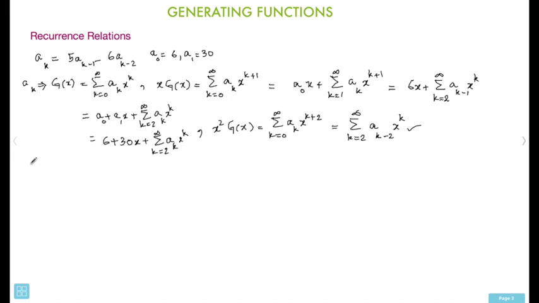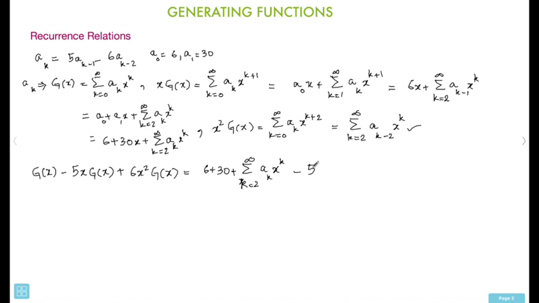Okay, now what do we do? We make use of this guy. So what I'm going to do is g(x) minus 5x g(x) plus 6x squared g(x). This is equal to what? So g(x) is what? 6 plus 30x plus the sum from k is equal to 2 to infinity of a_k x^k, minus 5 times this guy.